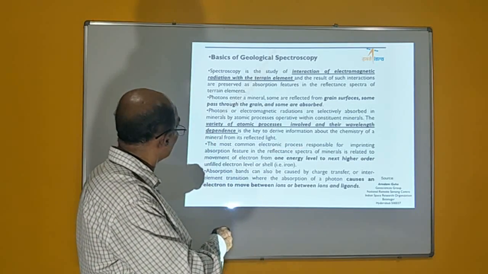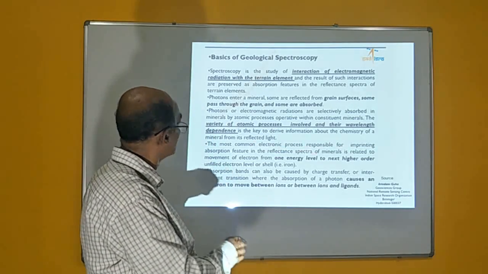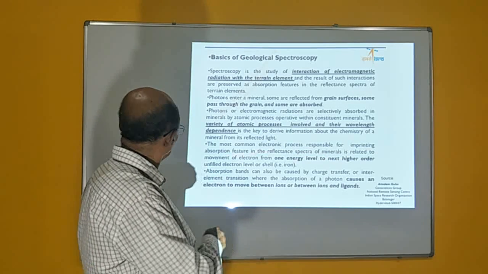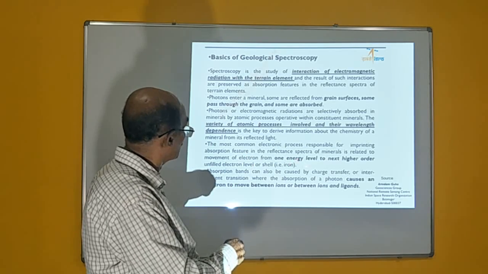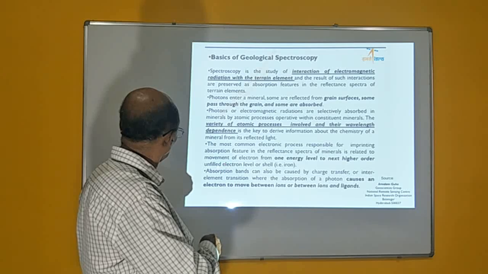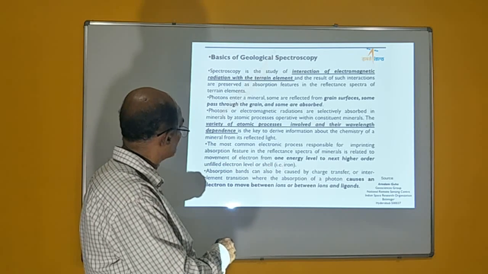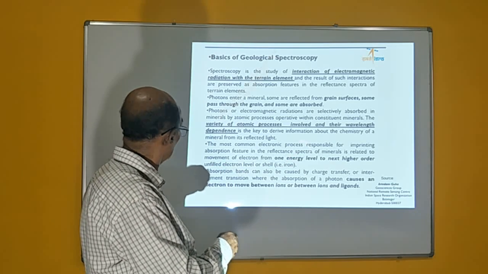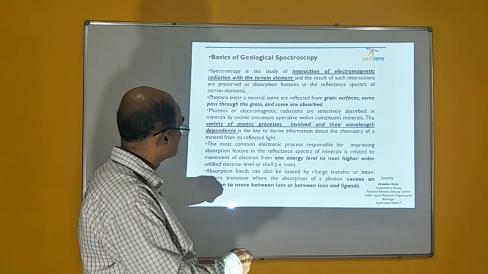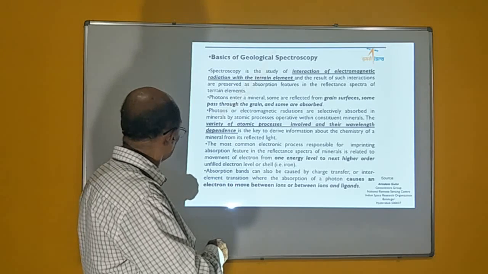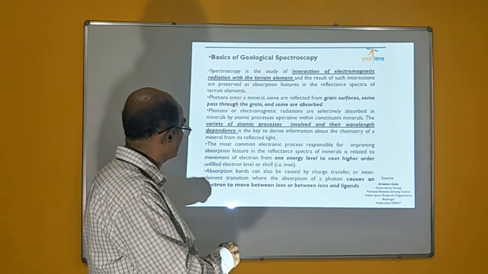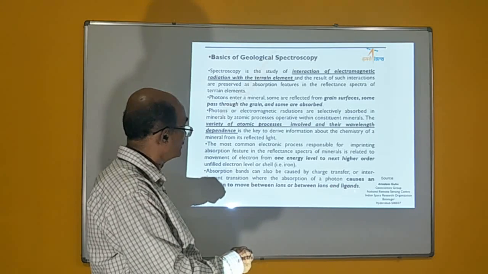The most common electronic process responsible for imprinting absorption features in the reflected spectra of minerals is related to movement of an electron from one energy level to the next higher order unfilled electron level or shell, for example iron. Absorption bands can also be caused by charge transfer or inter-element transition, where the absorption of a photon causes an electron to move between ions or between ions and ligands.